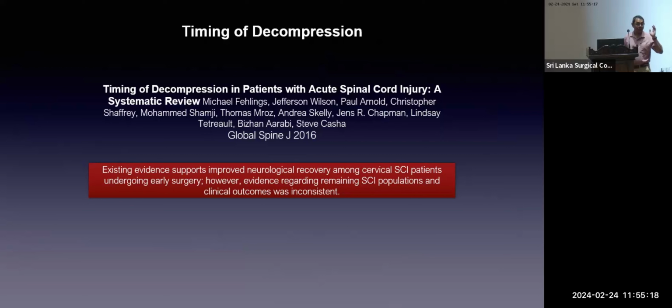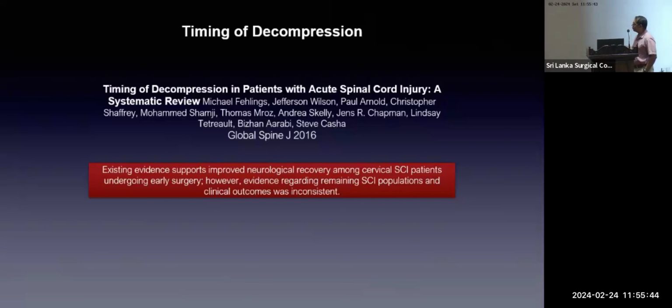So if you come with a cervical fracture which is unstable, and you manage it conservatively, right? Where would you be? Would you be at home? In the hospital in a bed? Would you be able to be mobilized? Yes or no? No, you won't be able to be mobilized.